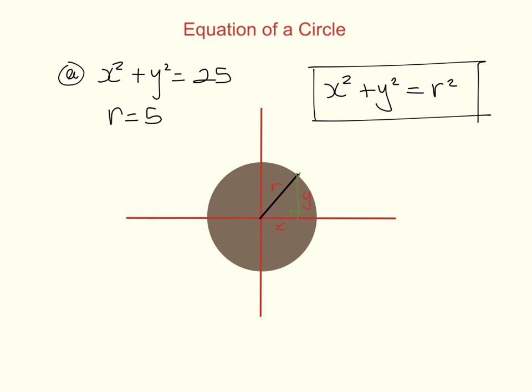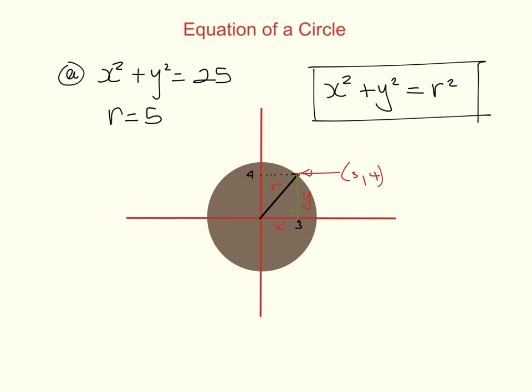Let's try that out. Let's say this is 3, and where this goes across here, that's 4. So the y value is 4, it goes up 4 units and across 3 units. So the coordinate on the edge of the circle is 3 and 4. Let's now put that coordinate into here and see if we get that same answer.